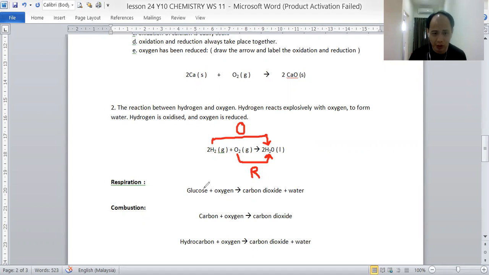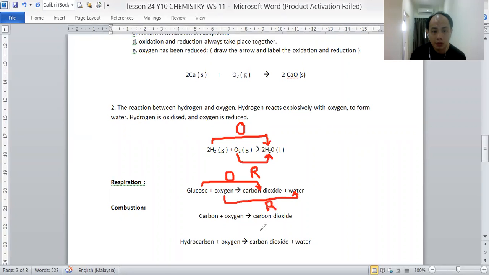So in respiration as well, glucose become carbon dioxide. This one is called oxidation. Oxygen become water. So this one is a reduction.